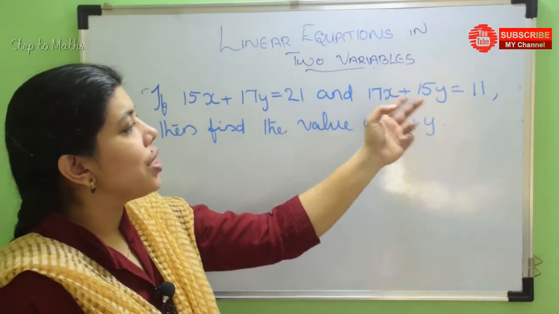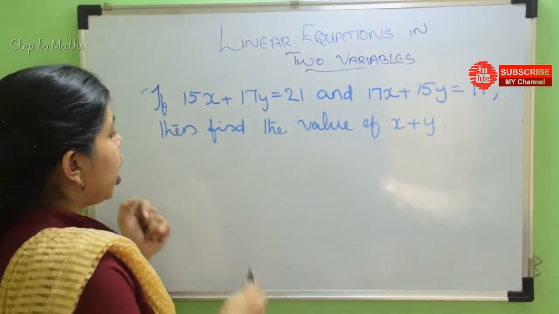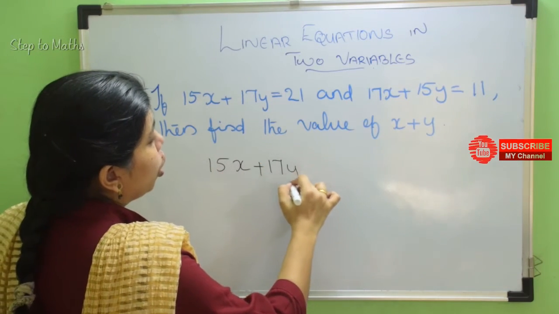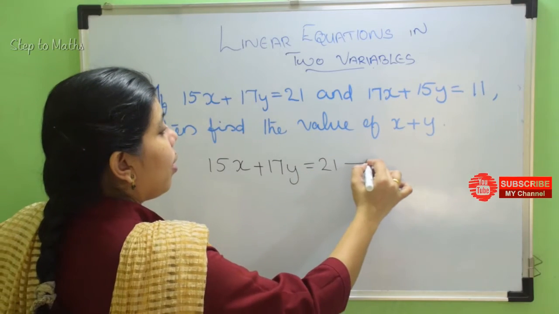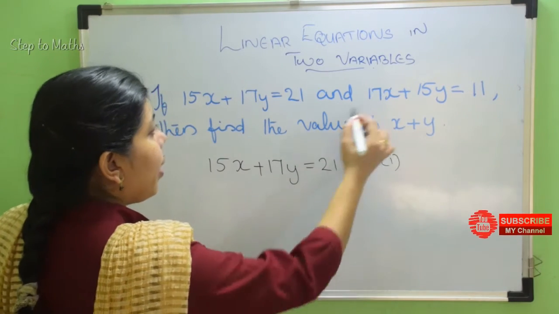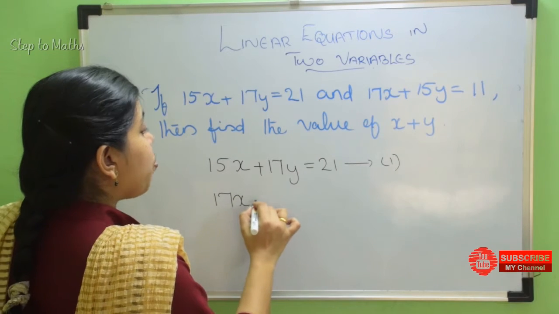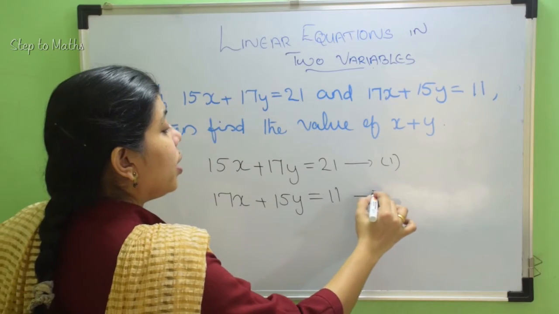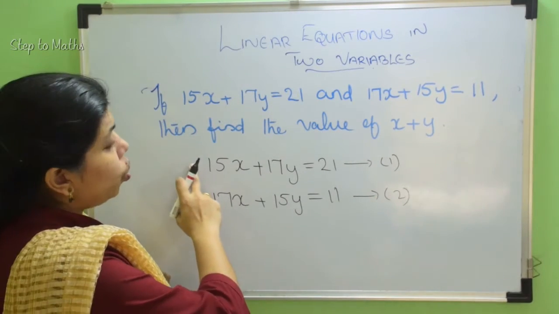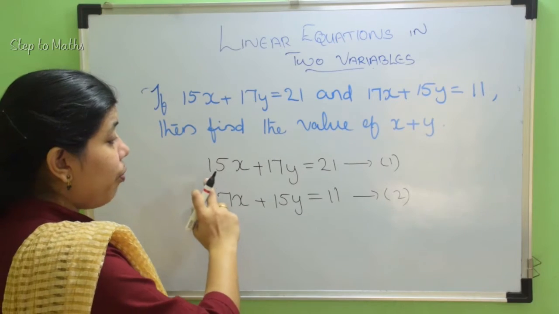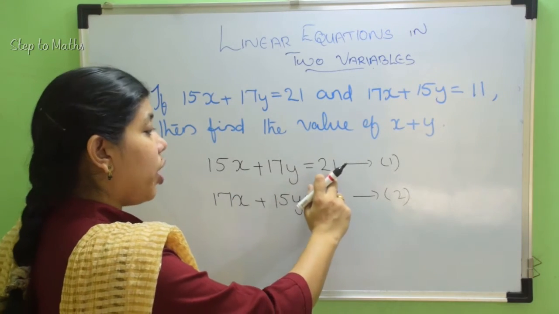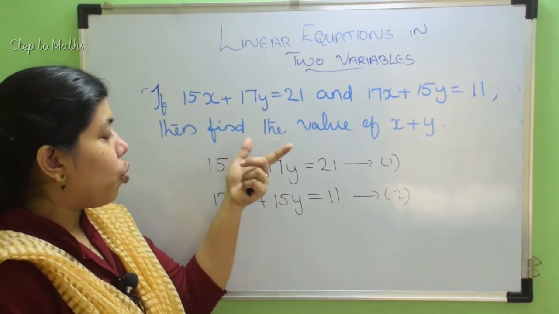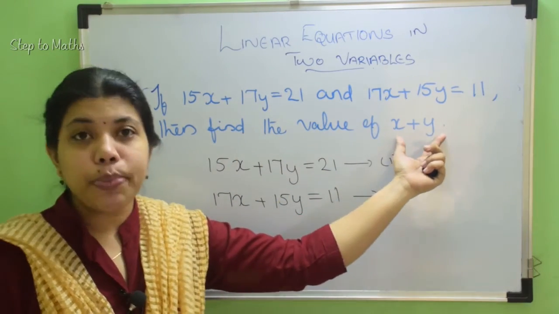Two linear equations are given. 15x plus 17y is equal to 21, equation number 1, and 17x plus 15y is equal to 11. The question is find the value of x plus y.